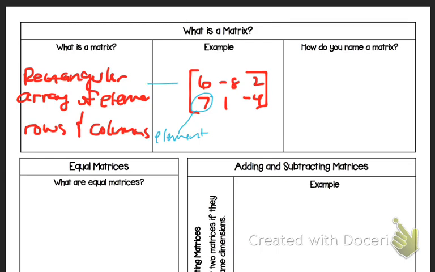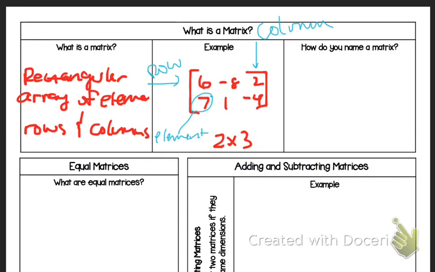This whole thing is a row. Going down is a column. So this matrix would be a 2-row by 3-column matrix. We say it is a 2 by 3 matrix.